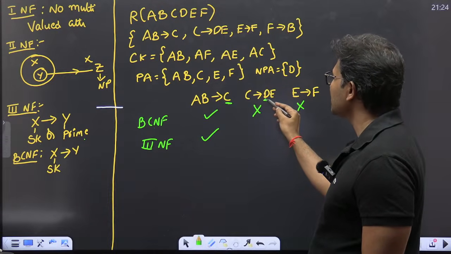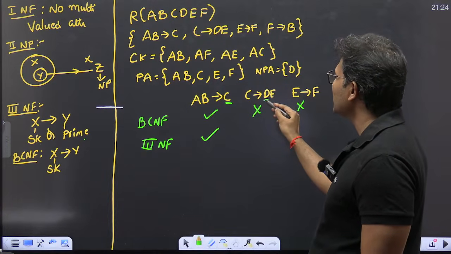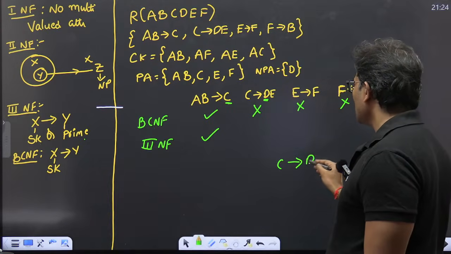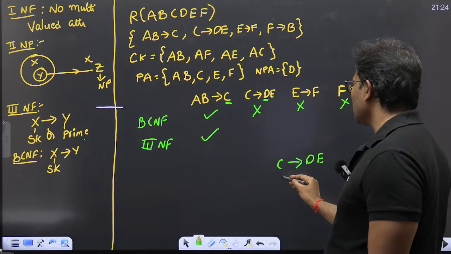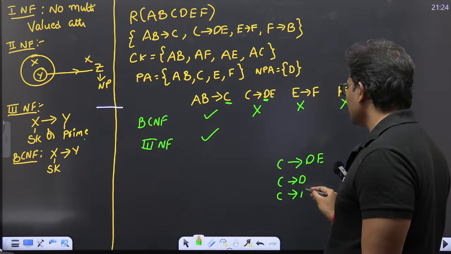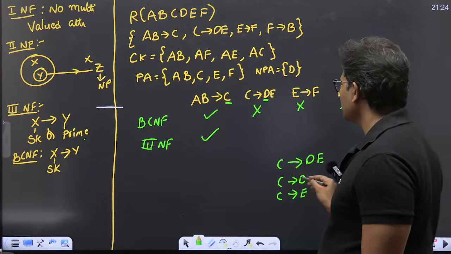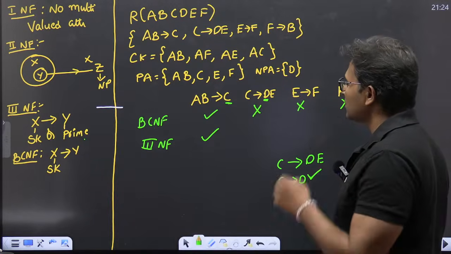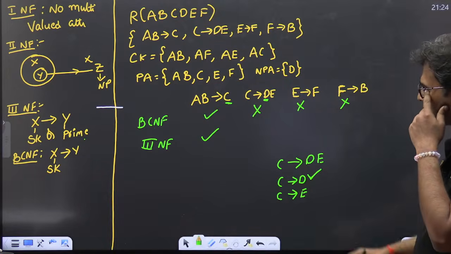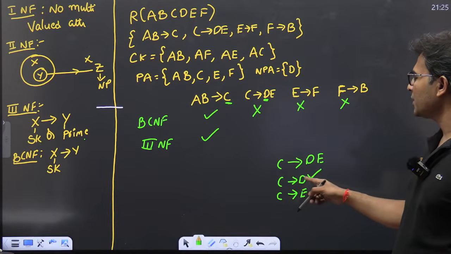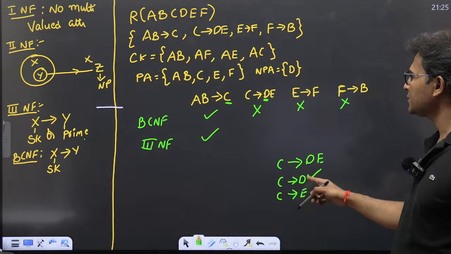C determines DE. You can split it, you remember the split rule, right? So C determines D. Now if you observe, C determines D: the left side is not a super key and the right side is not a prime attribute.